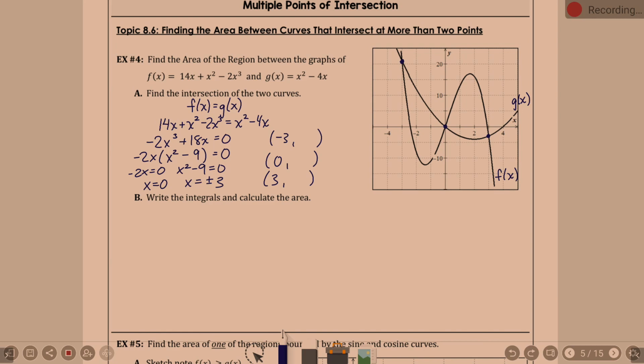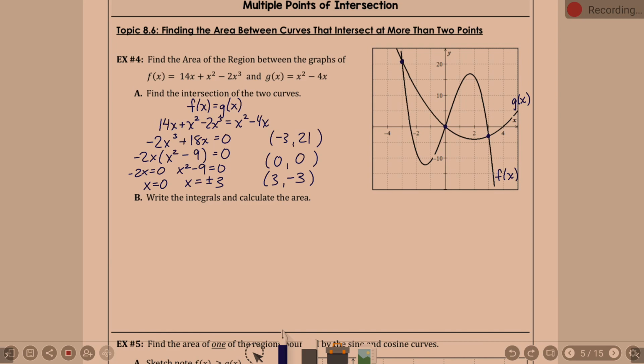But let's see, negative 3 squared is 9, minus 4 times negative 3 plus 12, 21. Okay, 0. 0 squared minus 4 times 0 is indeed 0, 0 as we thought. 3. 3 squared minus 4 times 3. 9 minus 12 is negative 3.